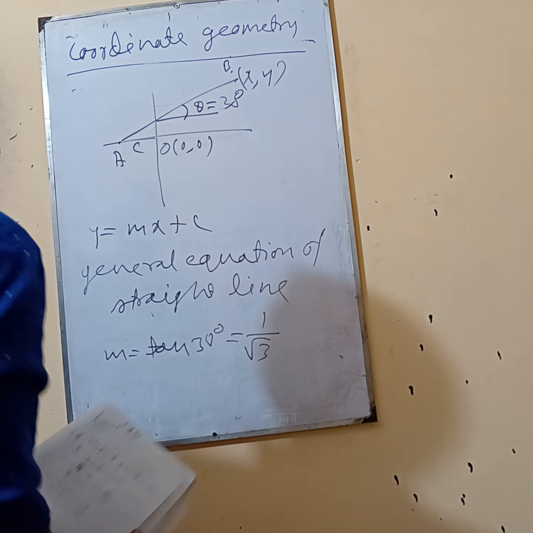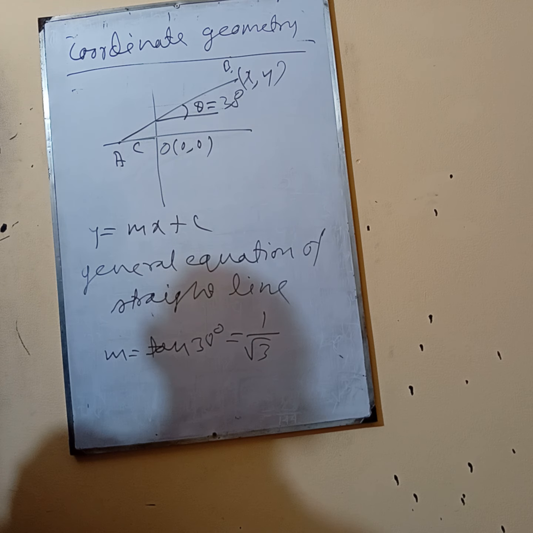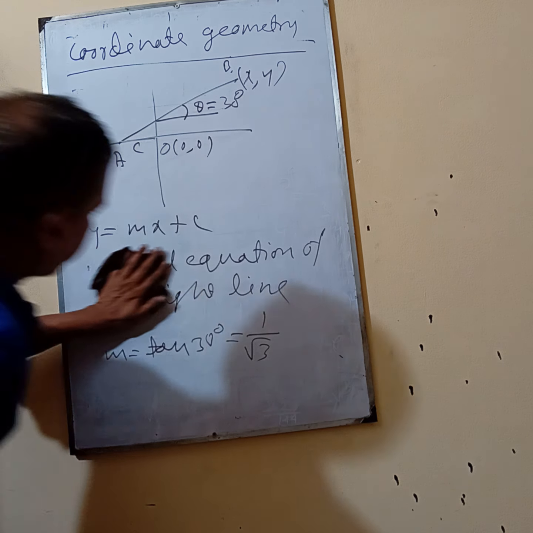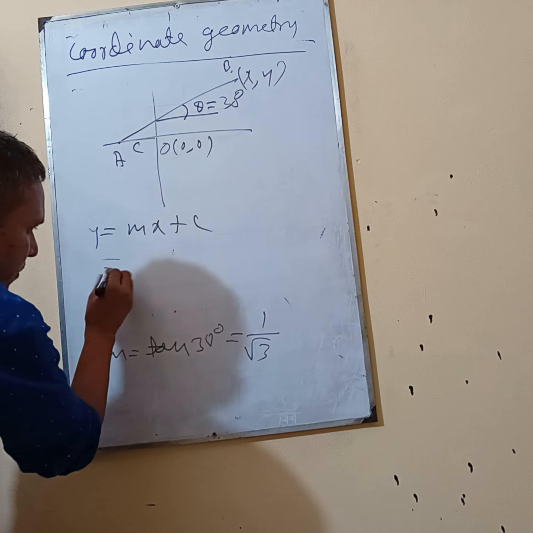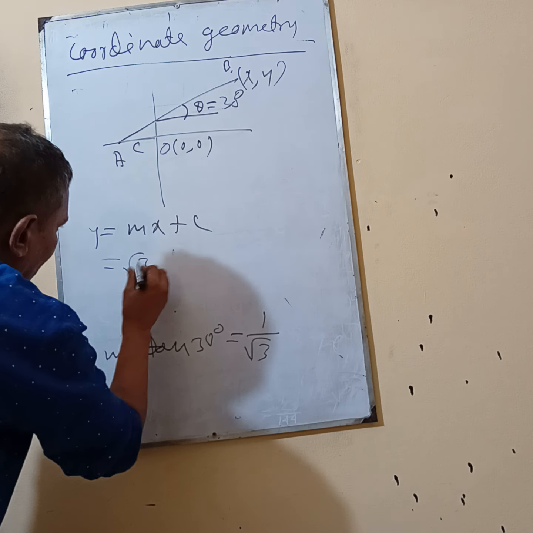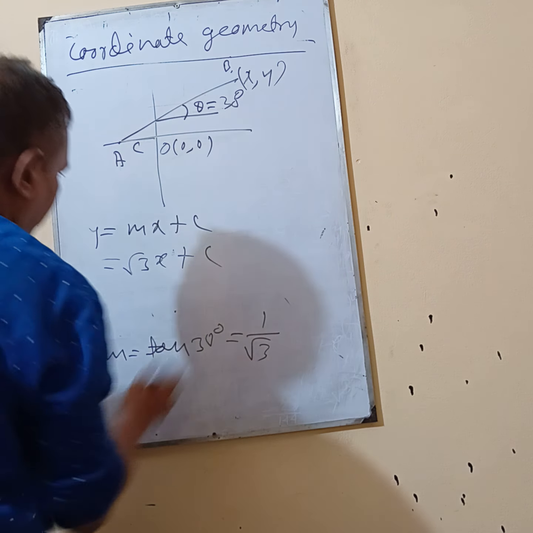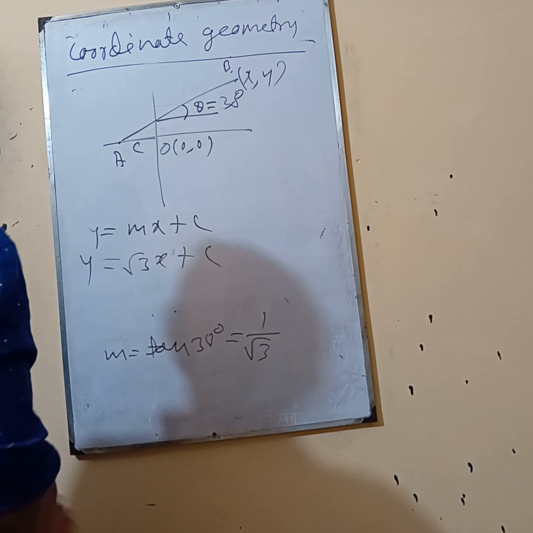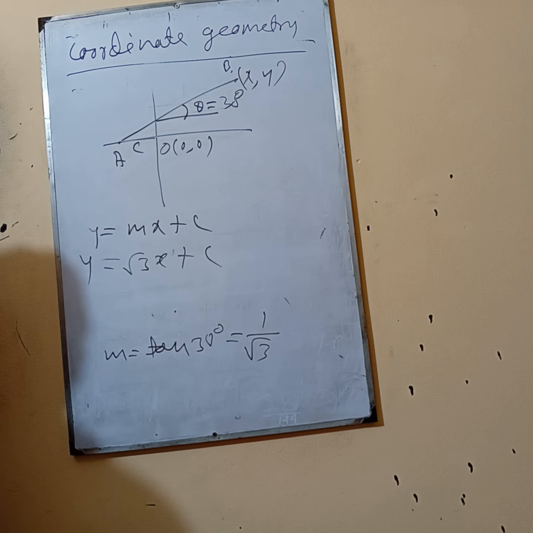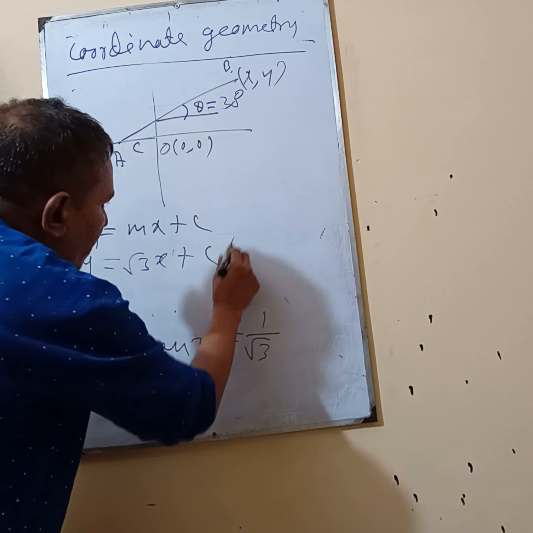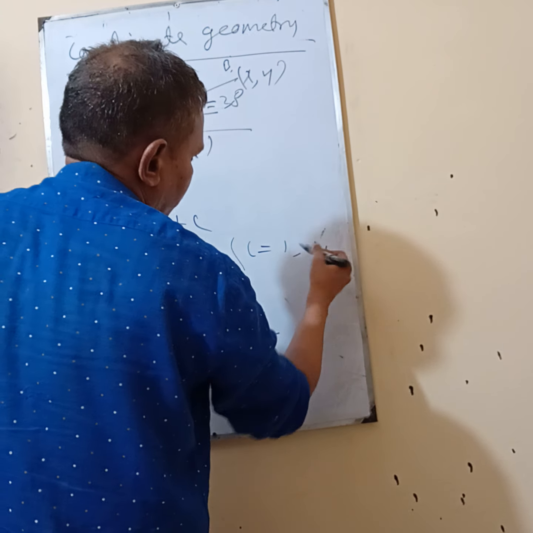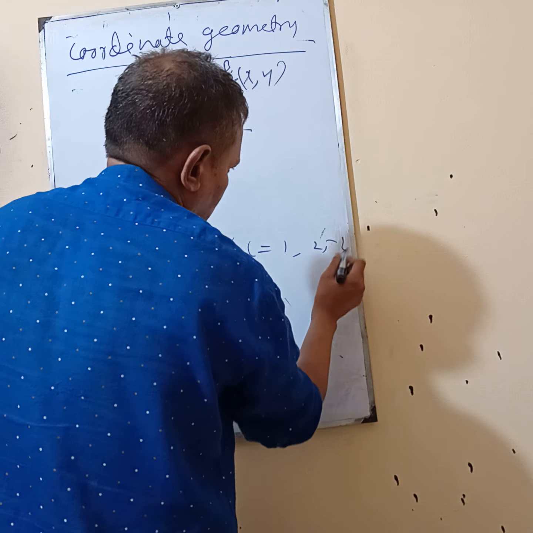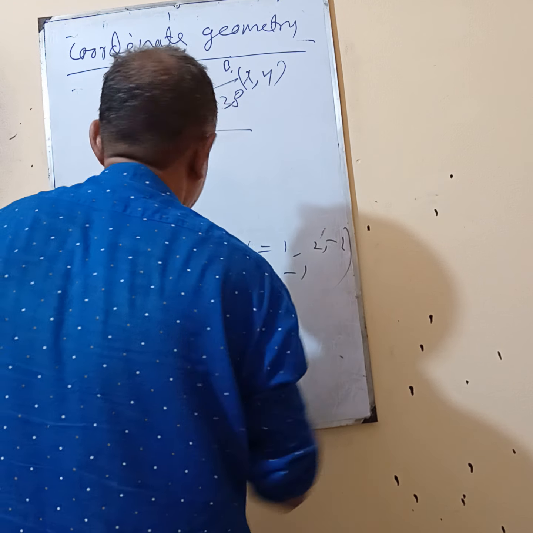Okay, write down. So y is equal to root 3 x plus c. The c value may be anything: c is equal to 1, 2, 3, minus 2, 1, minus 1, etc.